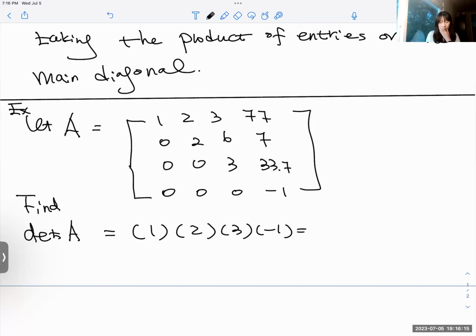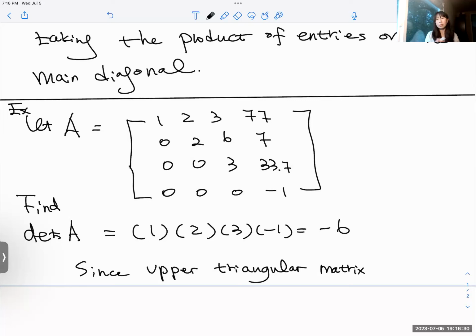What do you get? -6. Okay, so that's it.